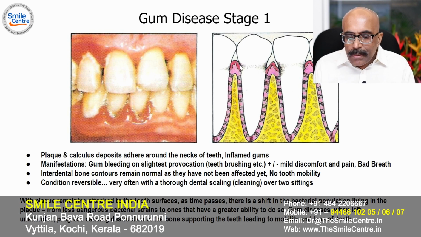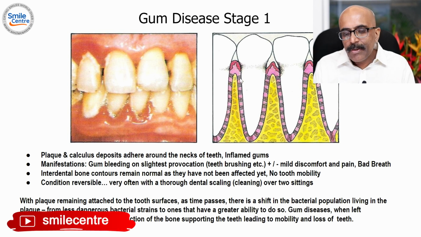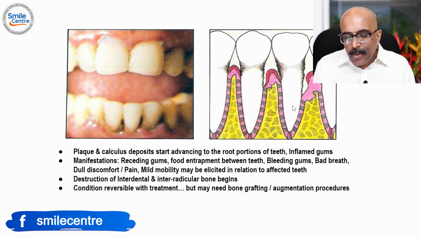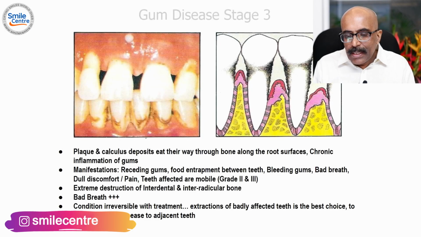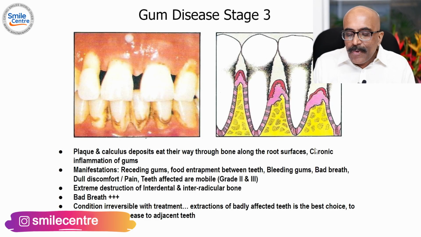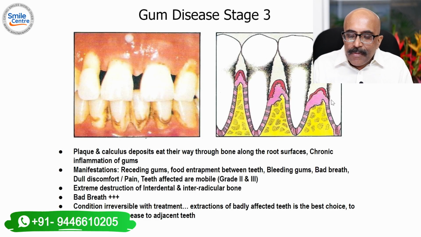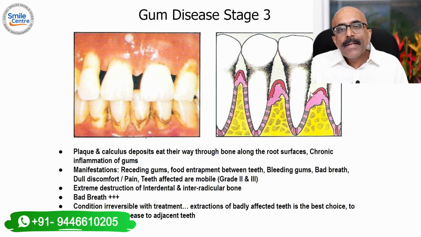But once the inflammation progresses to the base of the tooth, gradually it shifts to stage 2, where the bone starts getting affected and gets eaten away. And finally, once this is not addressed, it progresses to stage 3, where there is a lot of bone loss, and very often the tooth becomes mobile and it can fall off.